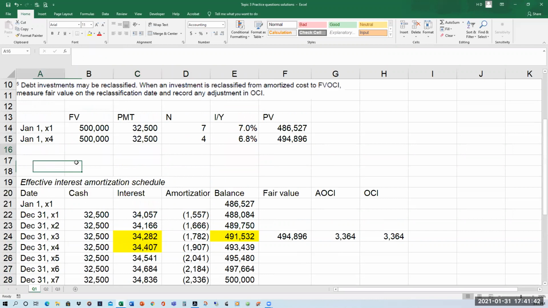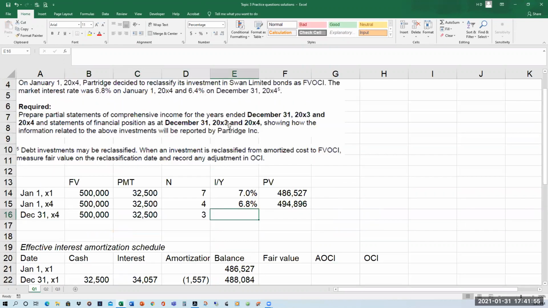But we will calculate the fair value on the bonds using the market interest rate on December 31st, year 4, which is 6.4%. And that works out to 501,327.